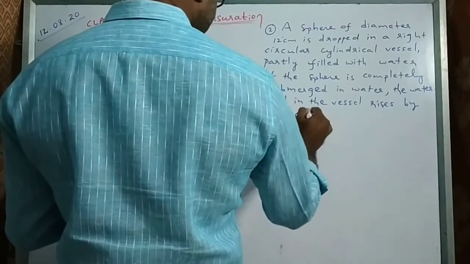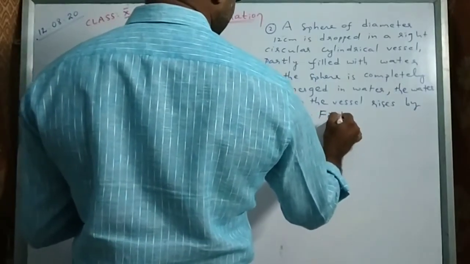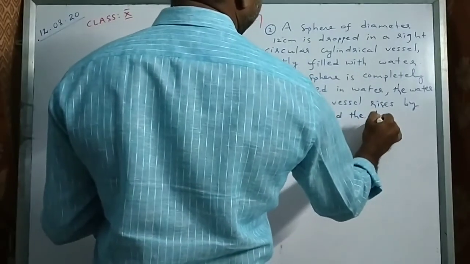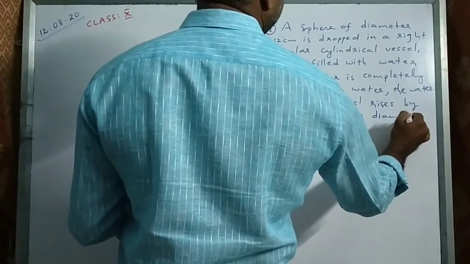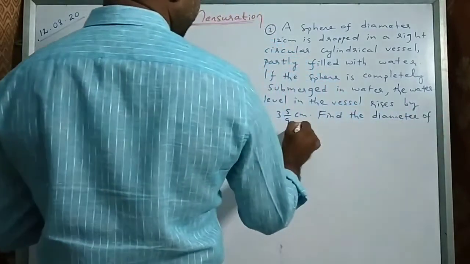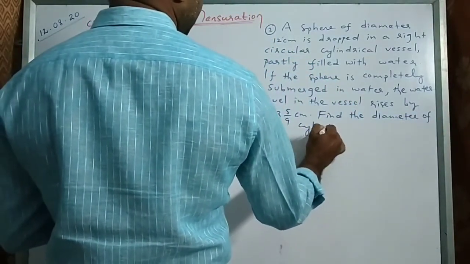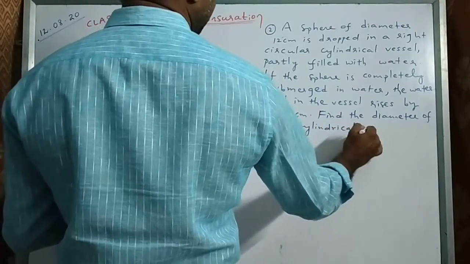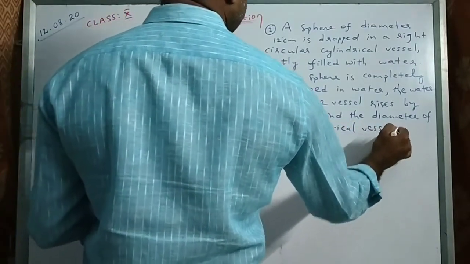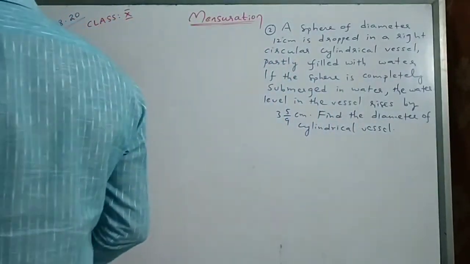Find the diameter of the cylindrical vessel. That is the question.